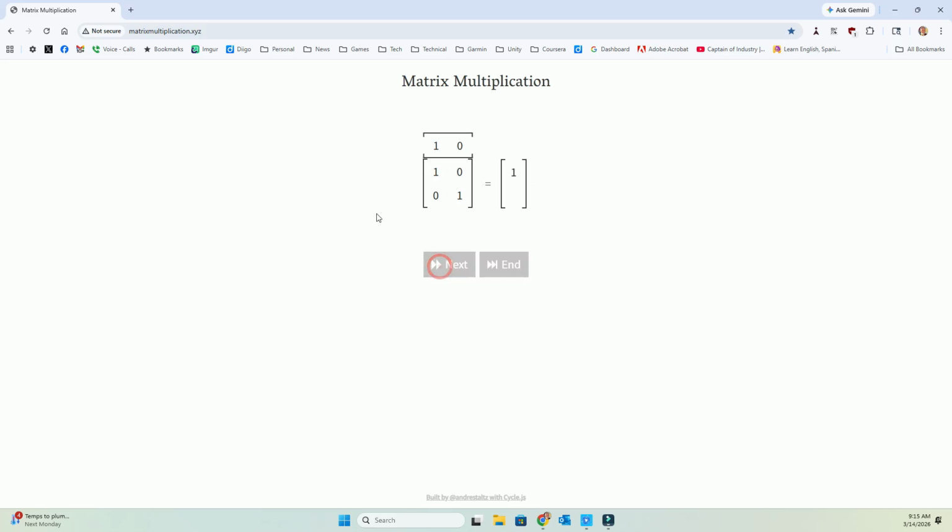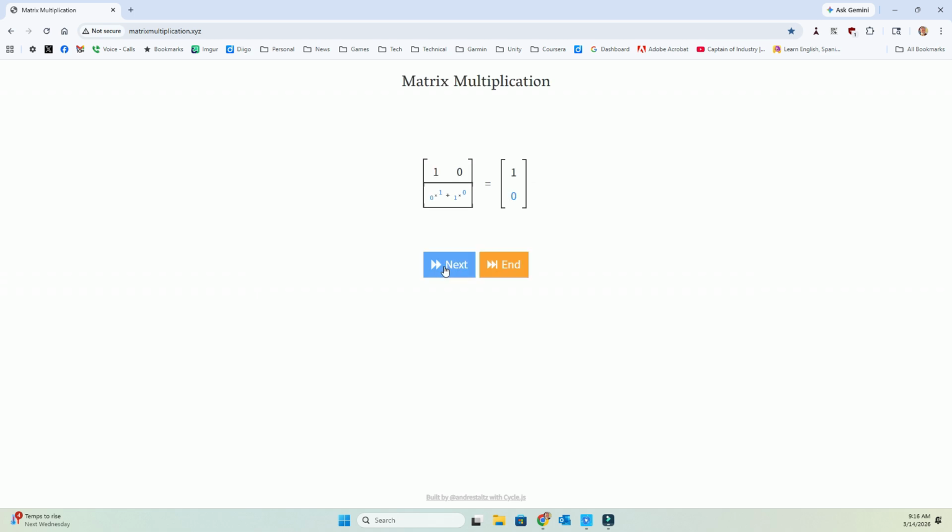We click next. The 1 and the 0 come down to this first level, and we have 1 times 1 plus 0 times 0, and the result of that is 1.